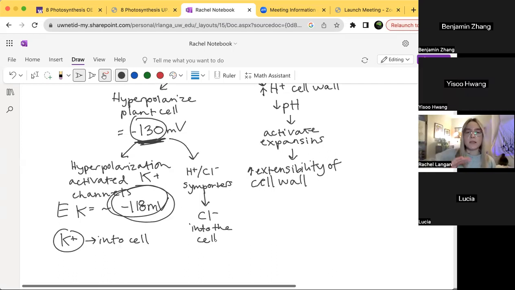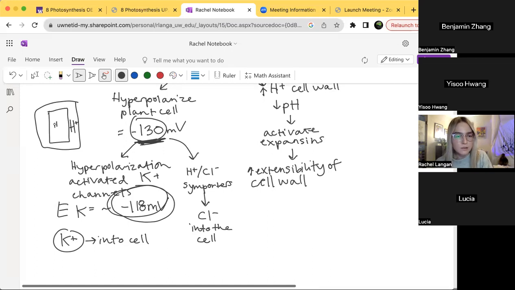So if we're pumping a bunch of hydrogen ions into the cell wall, basically what we've done is, this is our plant cell, this is the plant cell wall. You made it super high concentration of hydrogen in the cell wall, super low inside. So there's actually a gradient of hydrogens to move into the cell. So this symporter is going to move hydrogen into the cell high to low, and chloride ions use the energy from that movement to move into the cell.